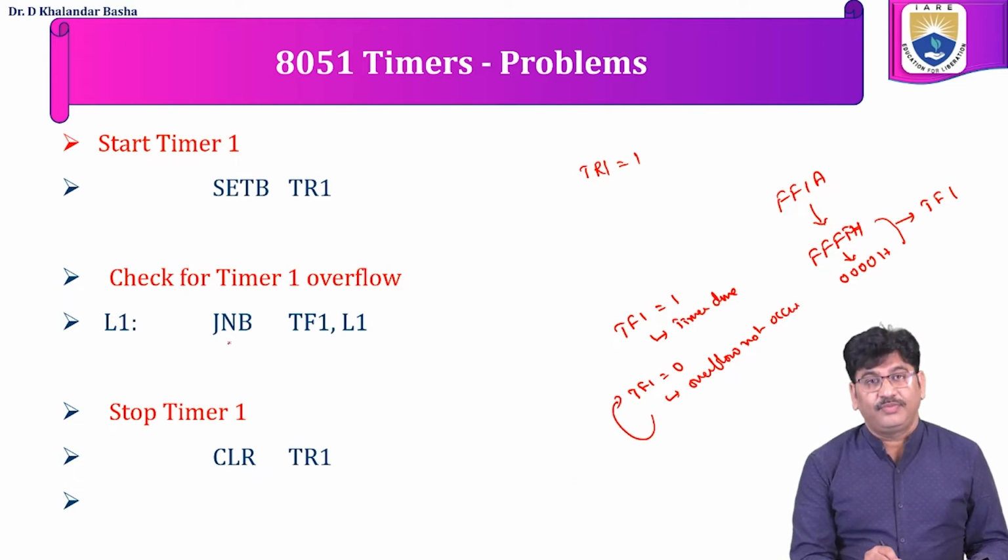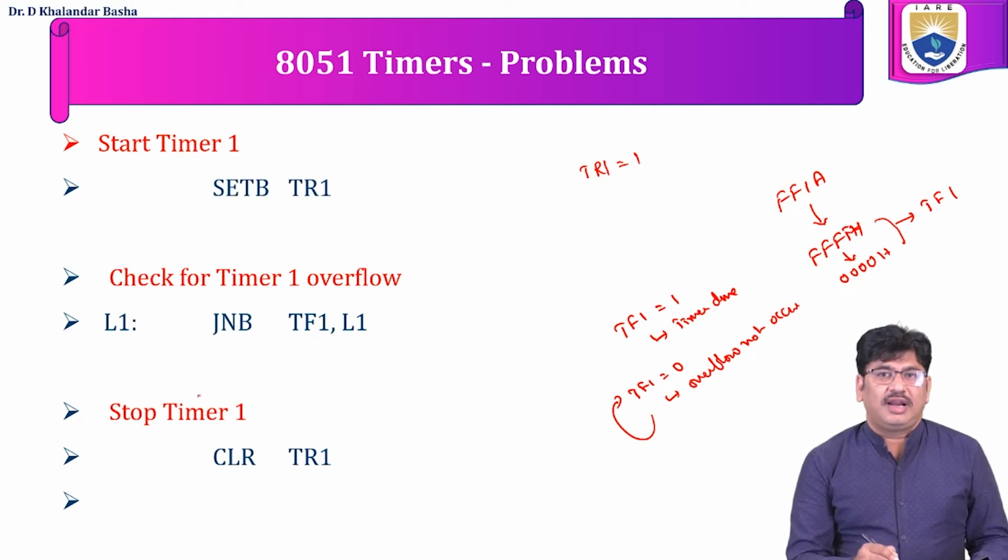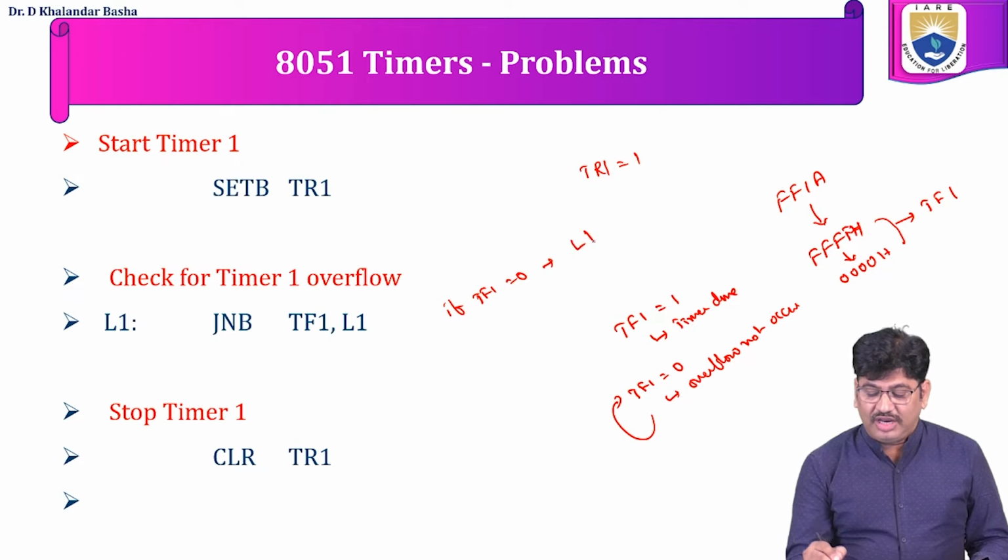For that we will write JNB, that means jump if no bit on TF1, where we jump to the same instruction. Read TF1 until that bit is equivalent to 1. So if the TF1 bit is equivalent to 0, go to label 1.